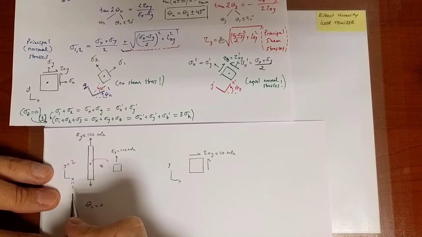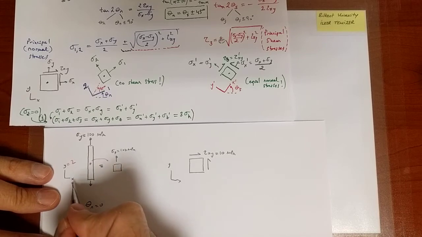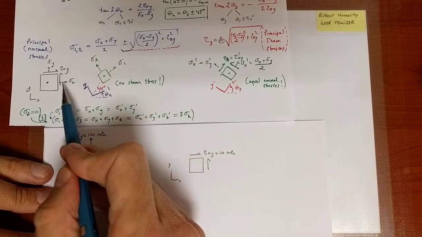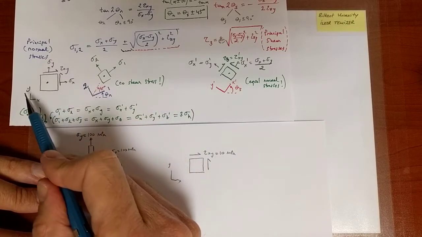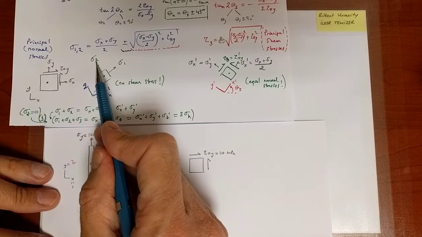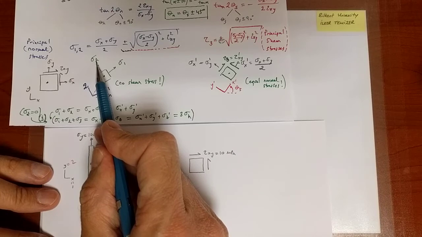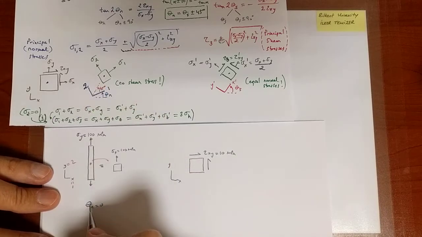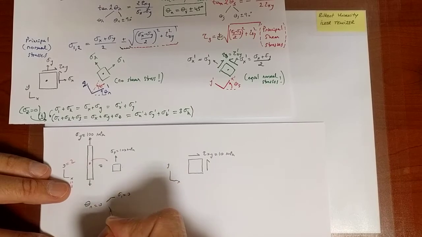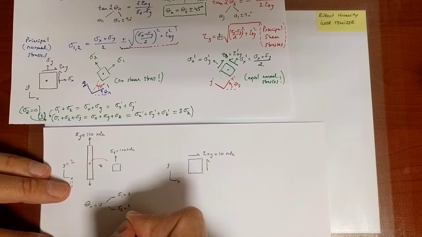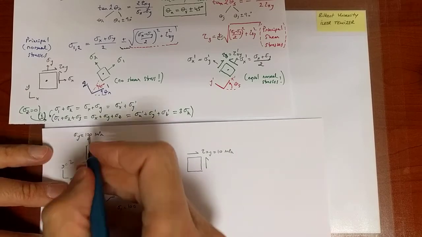So if I associate sigma 1 with the new value of x after rotation, as I've hinted here, so x rotates to x prime, and when x prime is 1, it's sigma 1; y rotates to y prime, and when y prime is 2, sigma y prime is sigma 2. So as a result, sigma 1 is equal to 0, sigma 2 is equal to 100, always in MPa.